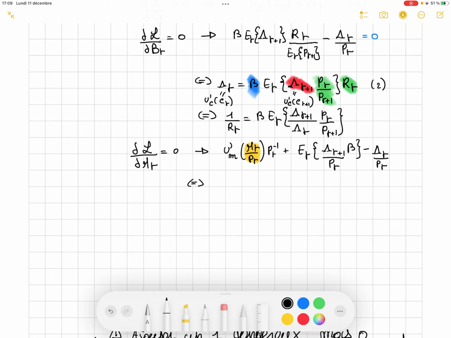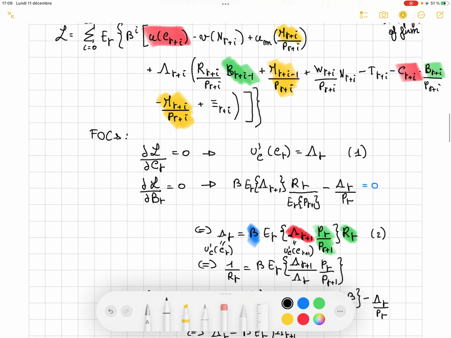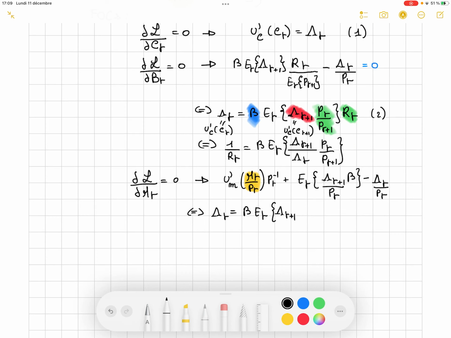Okay, that's what we get from the money first order condition, and if we play a bit, we can derive a similar equation as previously. We must have that, at the equilibrium, the marginal utility of consumption is equal to beta multiplied by the expectation of the utility that I can get tomorrow, divided by P_t.